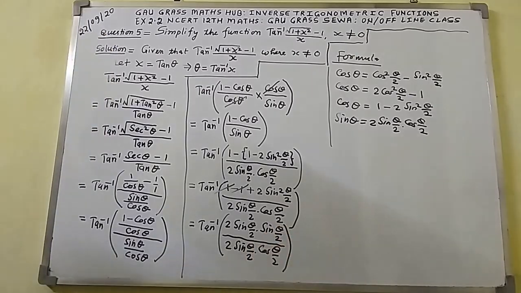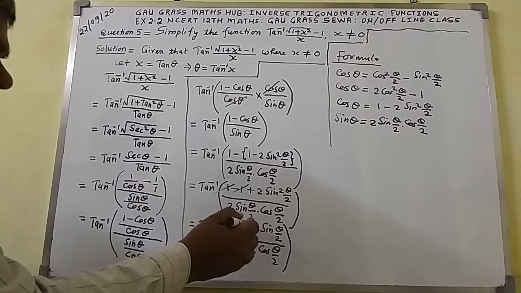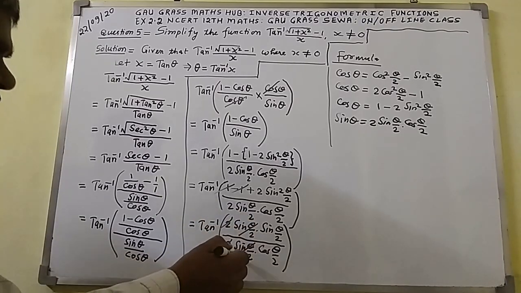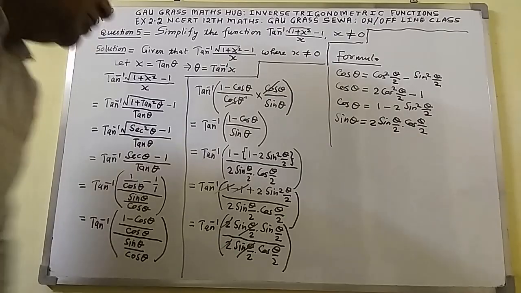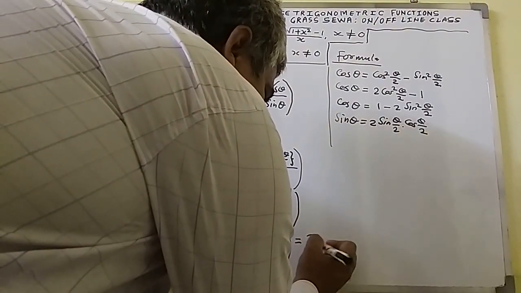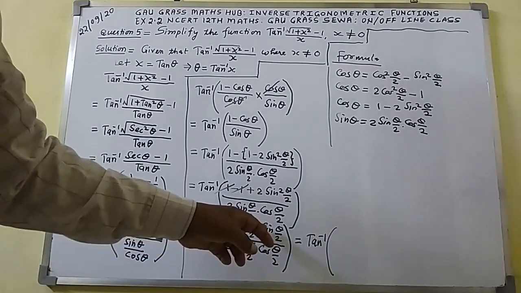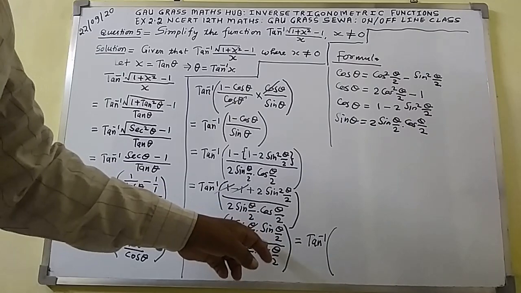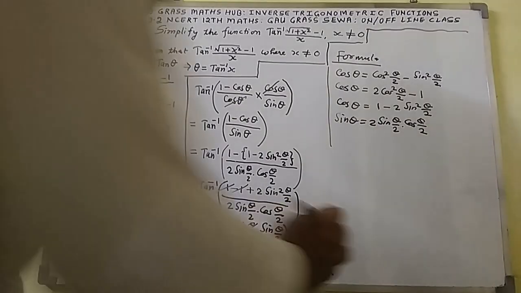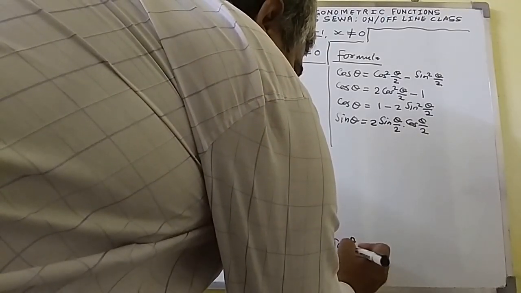Now sin theta by 2 will be cancelled out with sin theta by 2. So this will become equal to tan inverse in bracket sin theta by 2 over cos theta by 2. So it will become tan theta by 2.